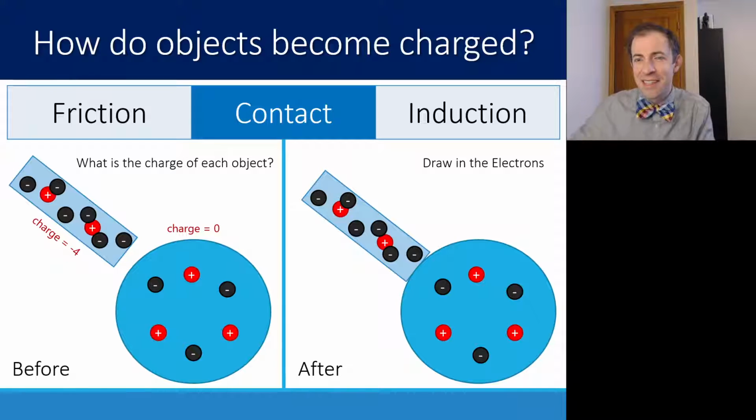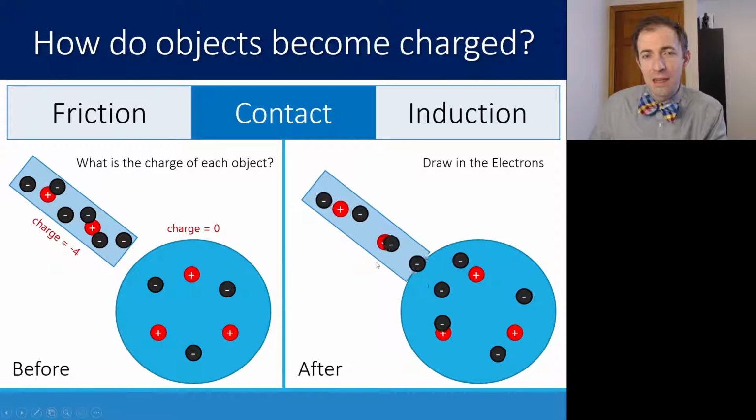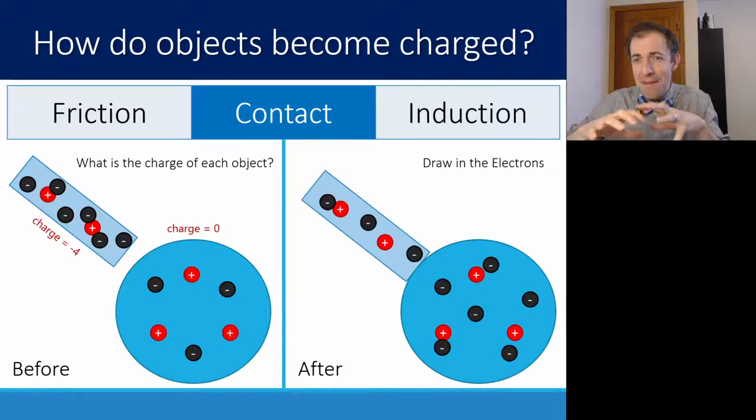Now, this is obviously a huge simplification. There's obviously more atoms, more electrons, and more protons than is being shown in this diagram. But if there is contact, and these are both conductors allowing electrons to flow and spread out freely, these extra electrons are going to spread out to be more evenly distributed among the whole system now that they are connected.